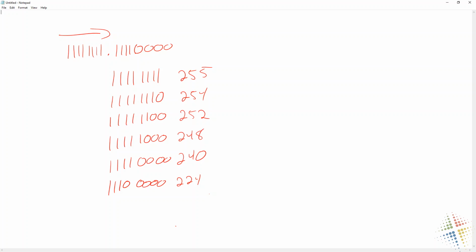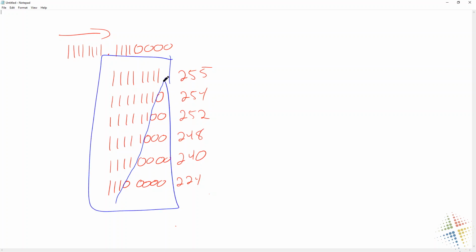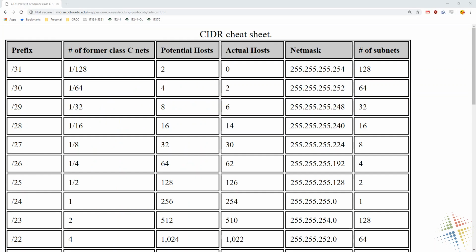Now I can memorize this, or I can simply do the math. I can simply see, here I have a different color here. Here I have my zeros essentially moving in from the right to the left, so I can write all of this information out and then just convert. 8 ones is 255, 7 ones is 254, and so on and so forth. And once I have this written out in binary, then I have this right here as well. It kind of works together right there.